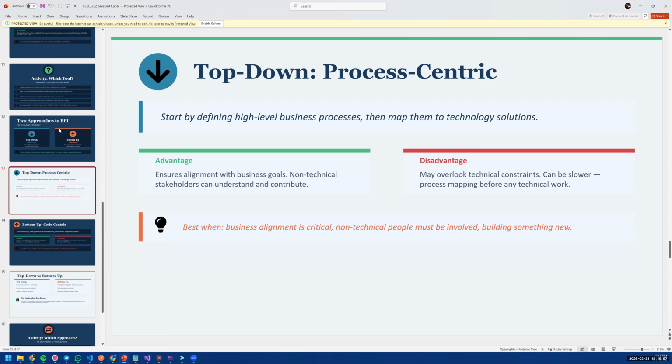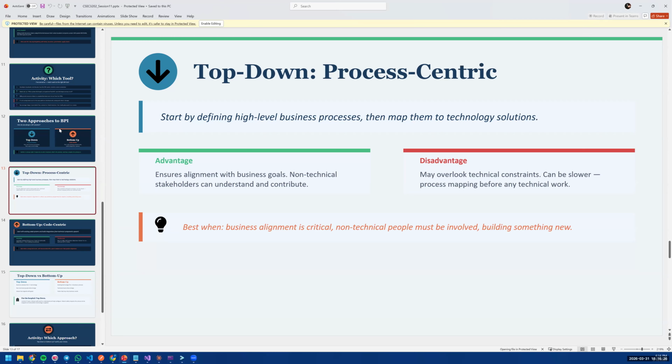So that was the advantage. The disadvantage is that it is possible to overlook technical constraints. You could design the most beautiful workflow in the world, but if, for example, the existing system can't support it, then you're going to have a gap. It can also be slower to implement because you're doing all that process mapping before any technical work begins.